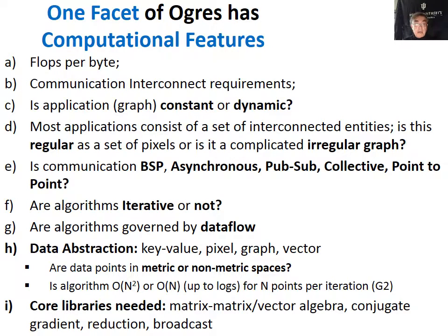Related to those macro things, these are also sort of macro features. They're more quantitative. How many flops, how many floating point operations do you do per byte read from memory, per byte read from disk? Because unless you do lots of floating point, you're going to be dominated by memory access or disk access accordingly.